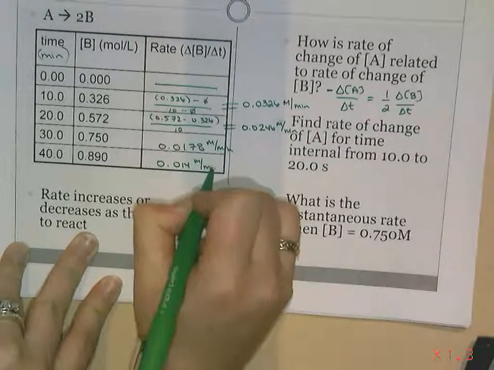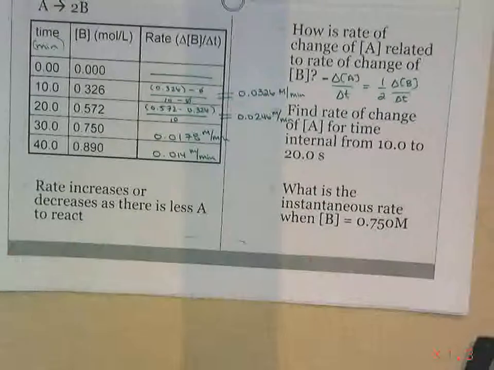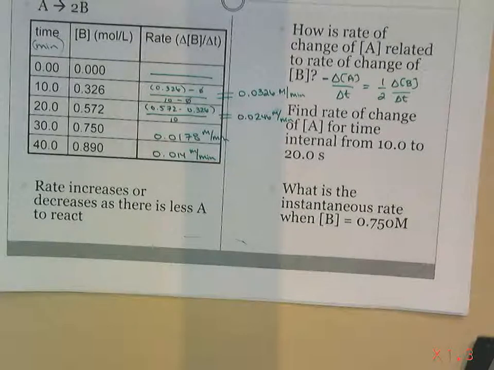Right, so those are just my rates of B that I experimentally determined. But now I want to answer part 2 over here. Find the rate of change for A for, which time block did I pick? 10 to 20? So this time block.